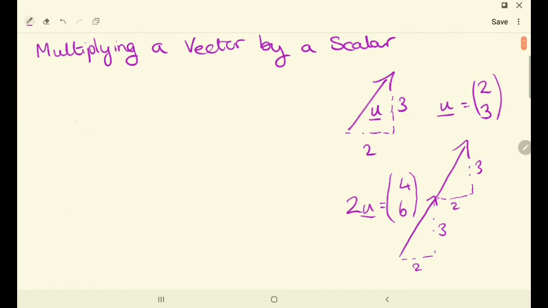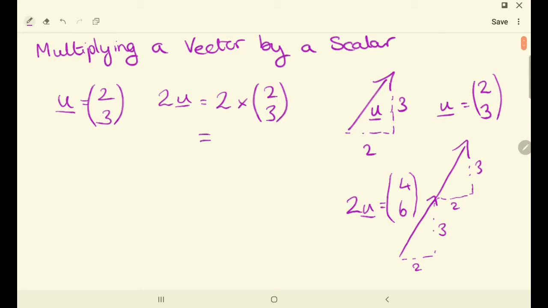So what are we looking at? Well, we know that u is equal to (2, 3), and you could be asked to find 2u. So that is going to be 2 times the vector, 2 lots of the vector. Now, everything about this, both the x and the y, is going to be 2 lots of it.